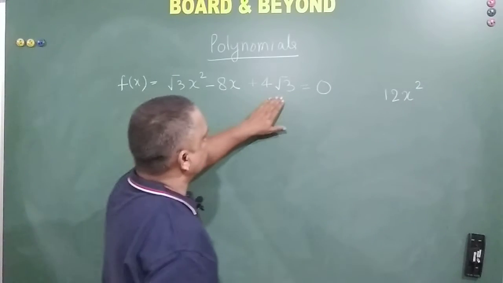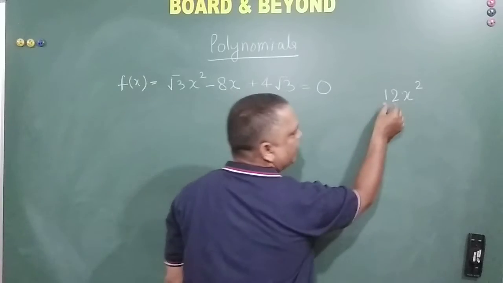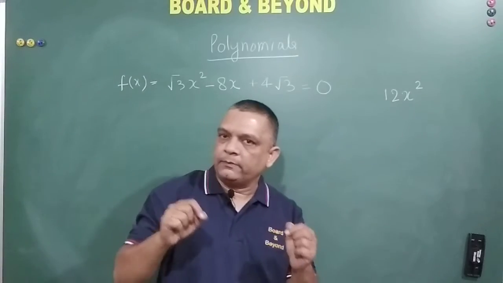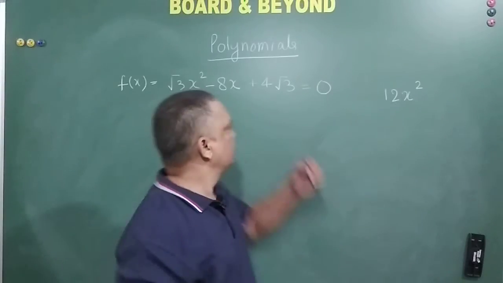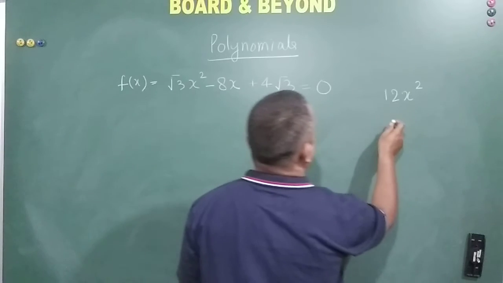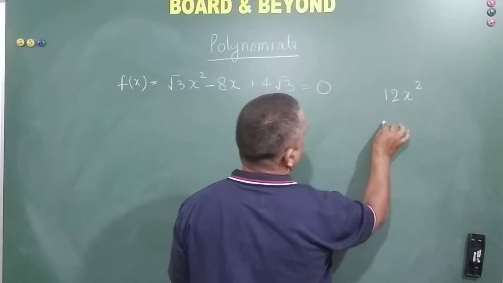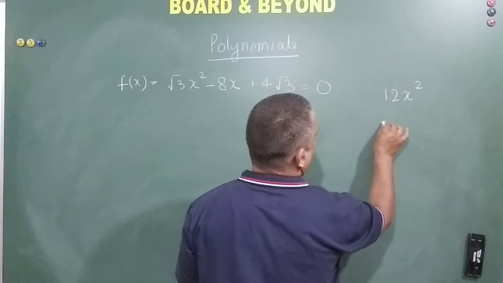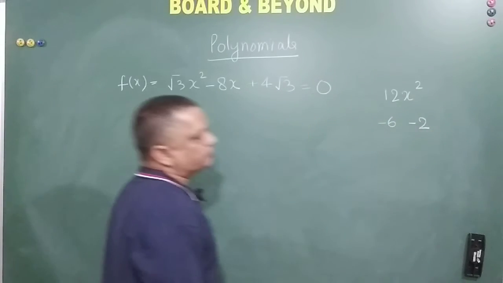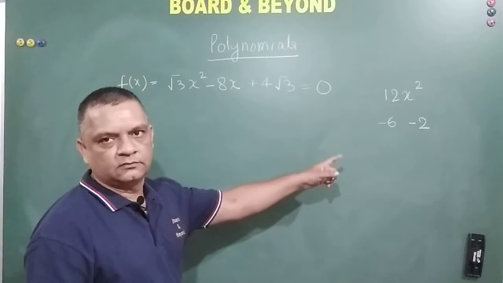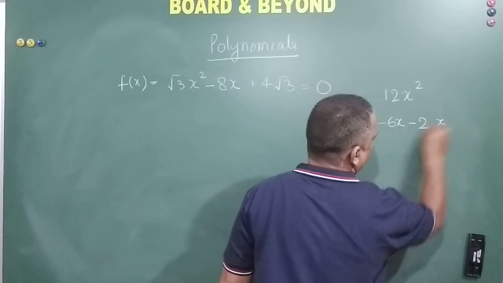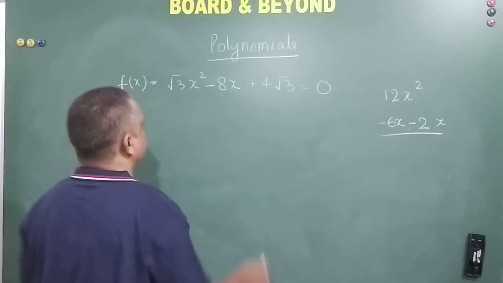Now we need to split this 12 in such a way that their sum or difference is equal to minus 8. So we can take it as minus 6 and minus 2. So this will be minus 6x and minus 2x. These are the two factorizations done here.